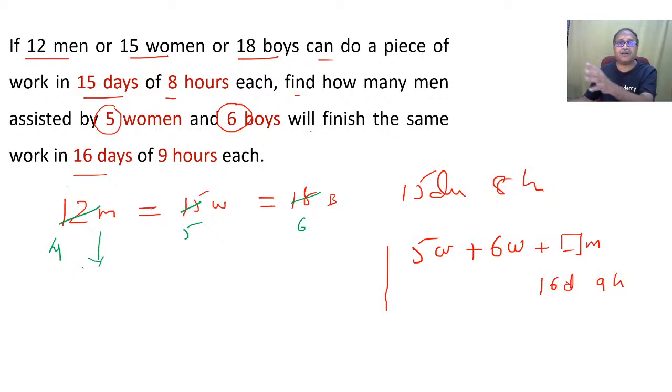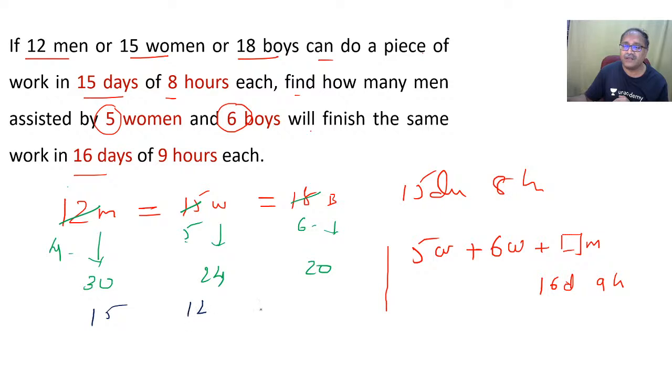This part we learn in ratio and proportion. 5 times 6 is 30 for the women, 6 times 4 is 24 for the boys, and 5 times 4 is 20, and I can reduce further because every number cancels by 2. So here it's 15, here it's 12, and here it's 10. This is the efficiency ratio.